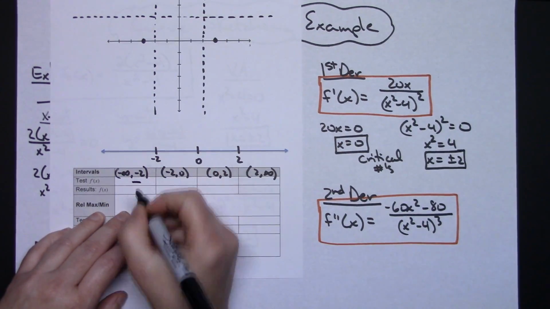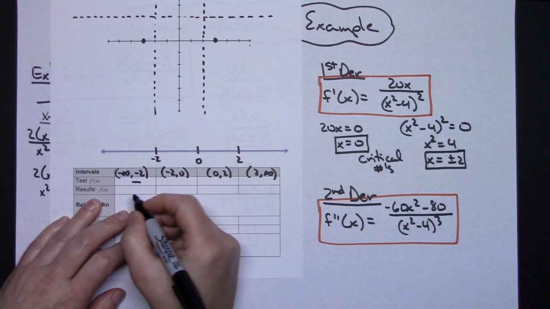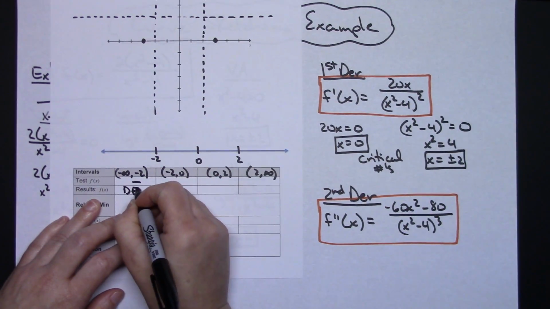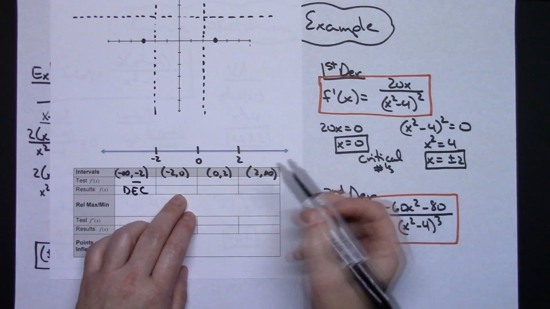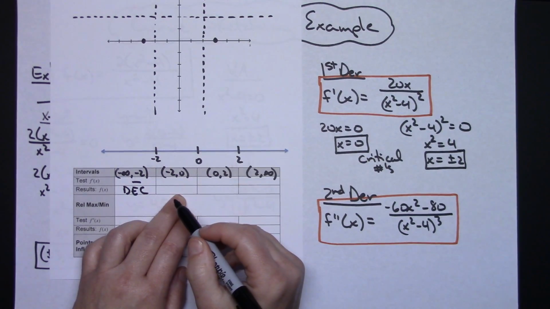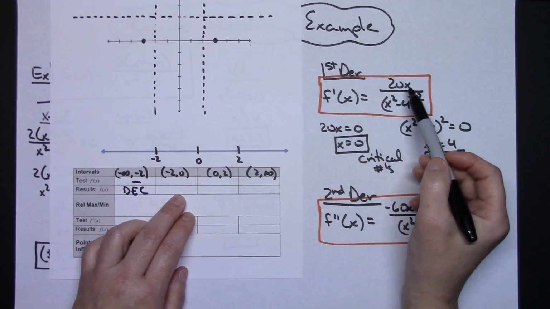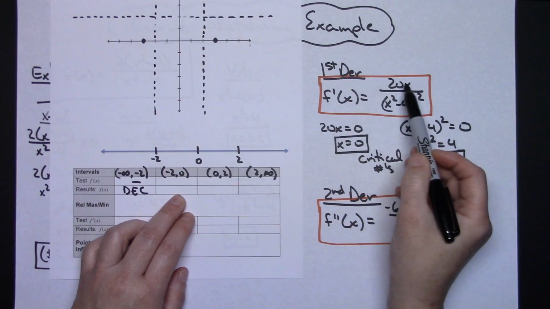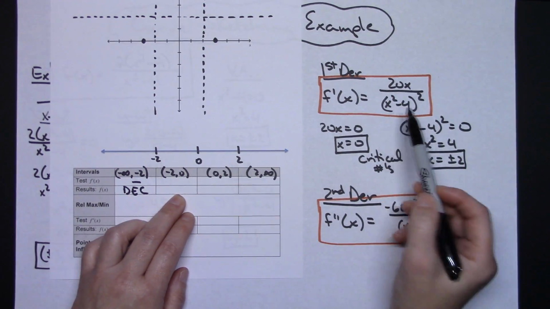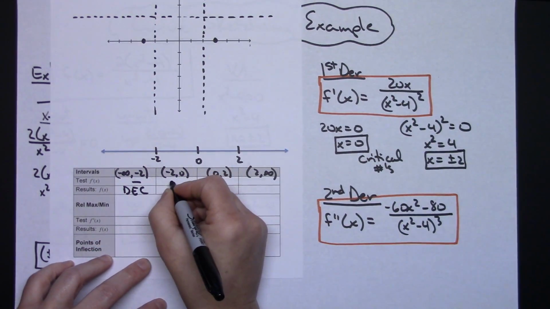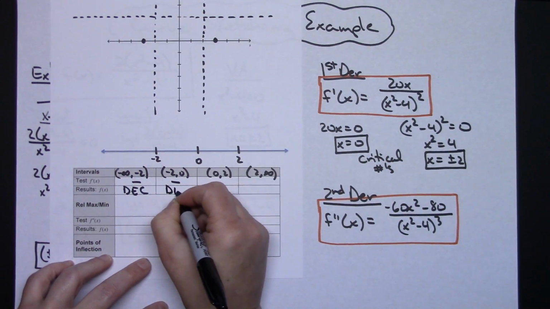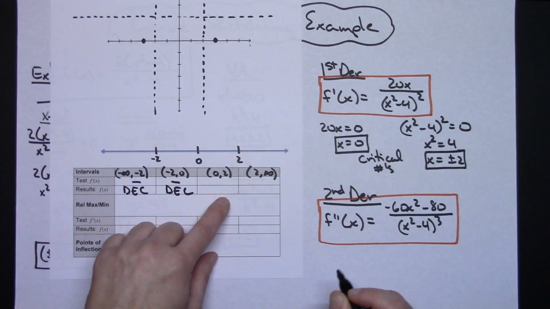That's going to give me a negative, which means the original function has to be decreasing in that interval. In between negative 2 and 0, let's plug in a negative number again, like negative 1. Again, top's going to be negative, bottom's going to be positive. So again this is negative, which makes the original function decreasing.